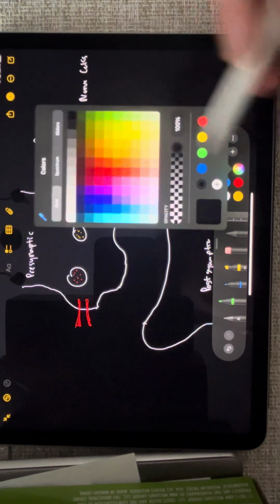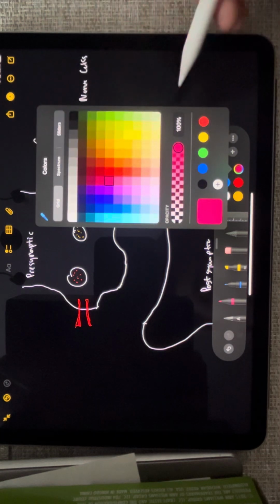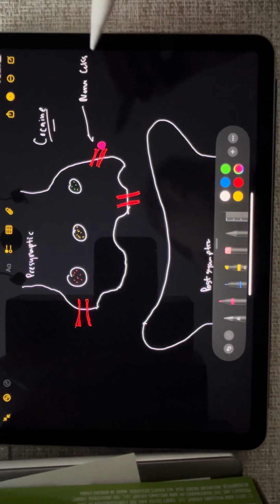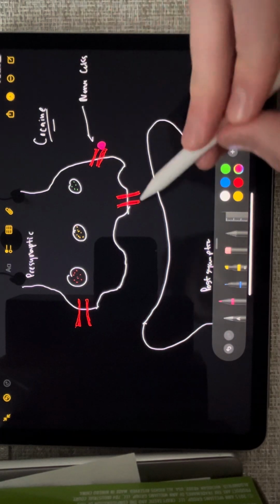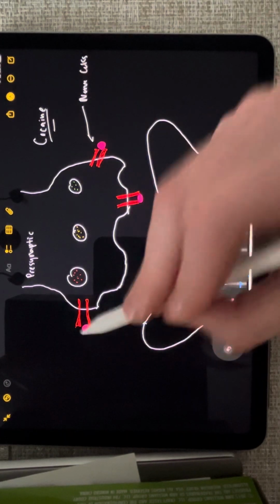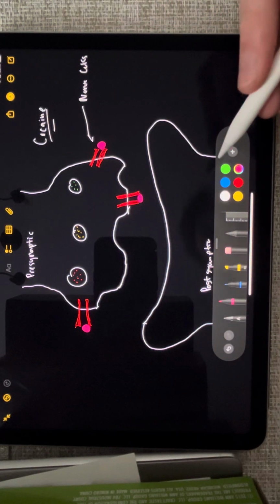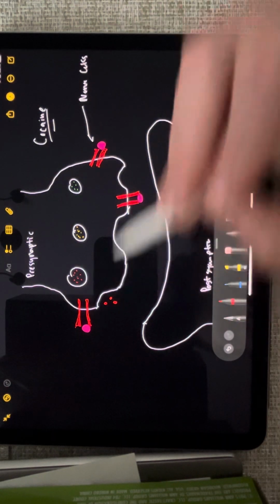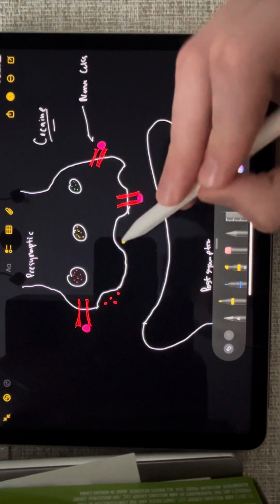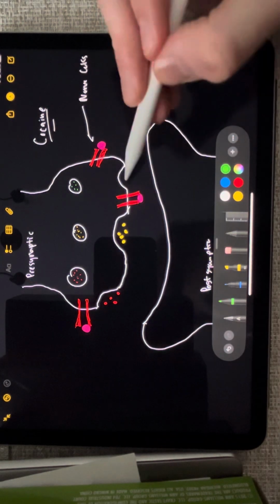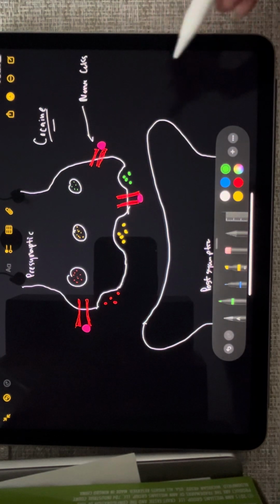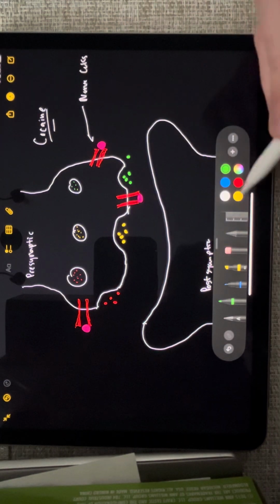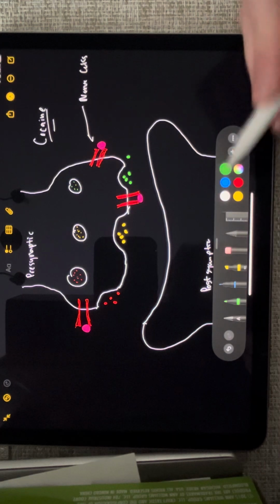And we're going to make a new color. We're going to say this pink stuff is cocaine. So these pink things are going to block up these channels so that when we release our molecules and our ligands, they cannot go back here into these receptors.